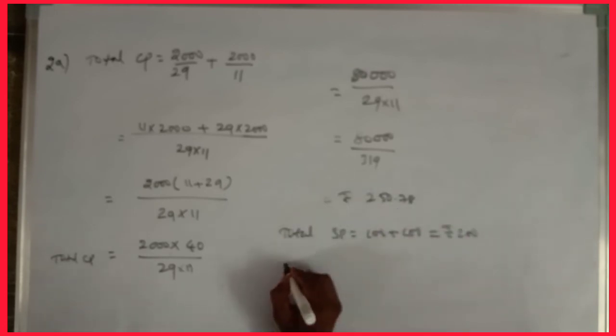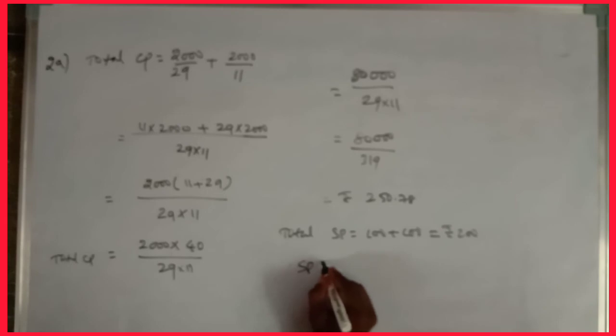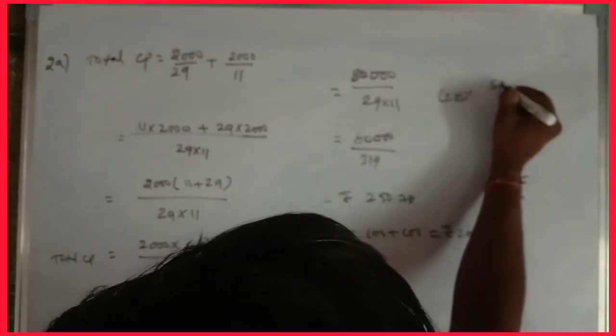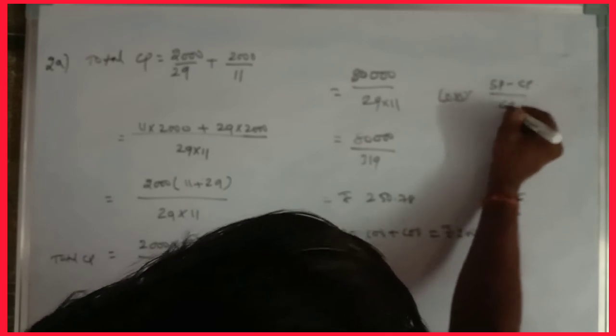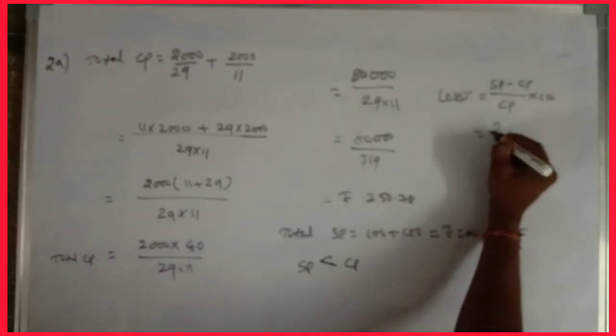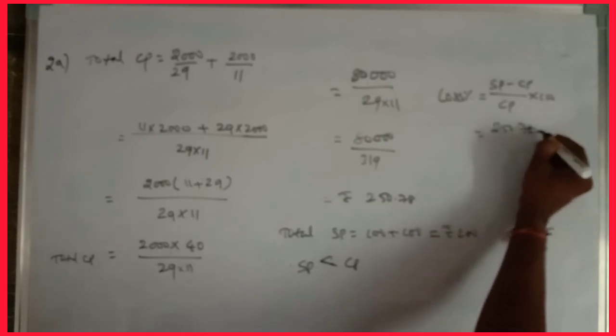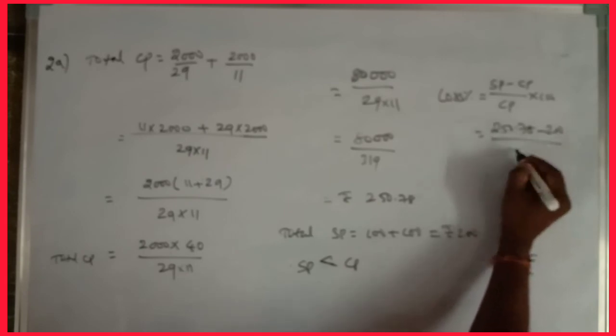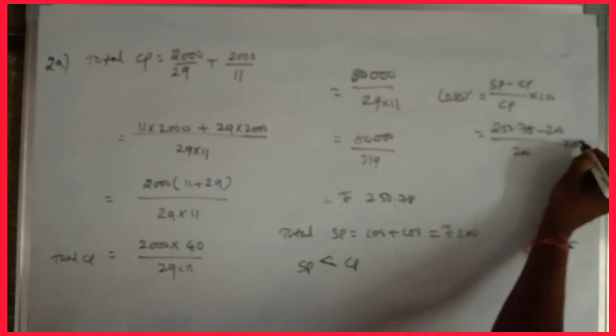So now here see, SP is less than CP, it is a loss. Okay, SP is less than CP. Now I am going to get a loss, and loss percentage is equal to SP minus CP by CP into 100. That is 250.78 minus 200 by 200 into 100.